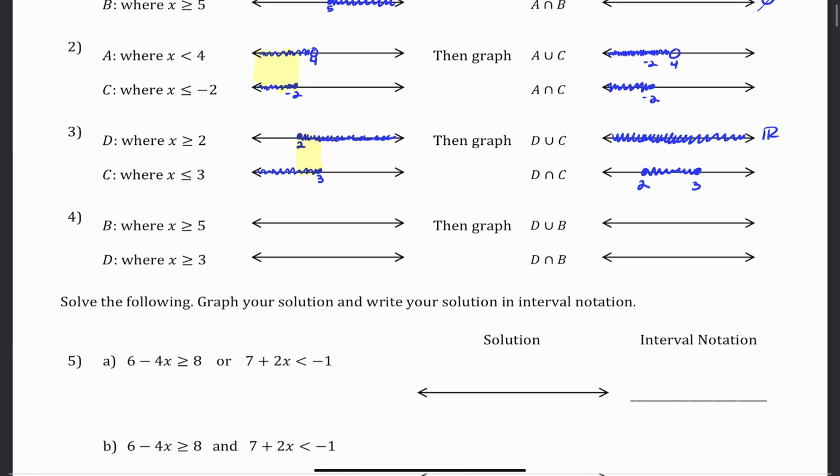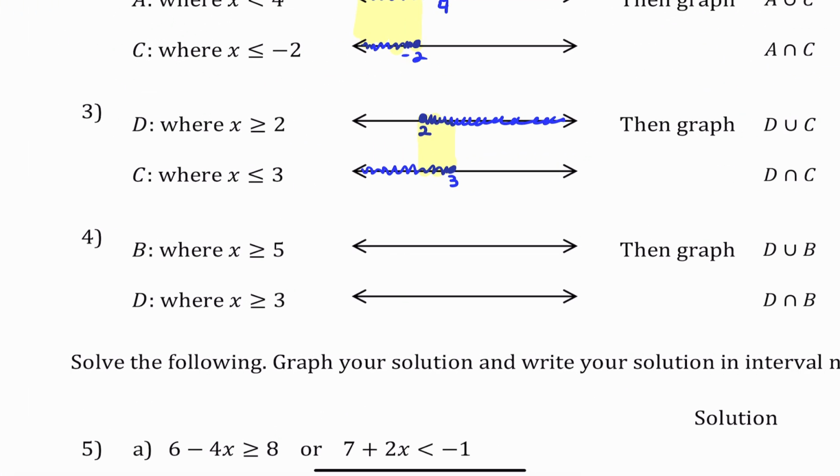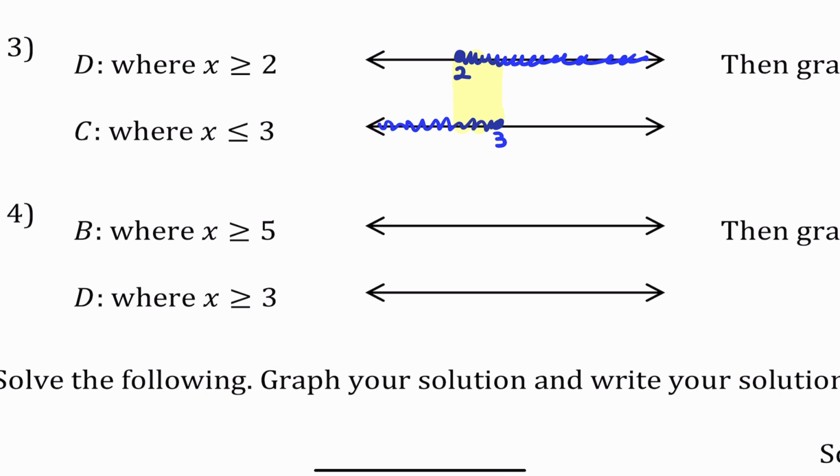All right, so let's take a look at number 4. X is greater than or equal to 5. So 5 would be right here, and this is where 3 would be. Closed dot, closed dot. First one I'm going to be shading to the right, and the second one I'm going to be shading to the right as well.